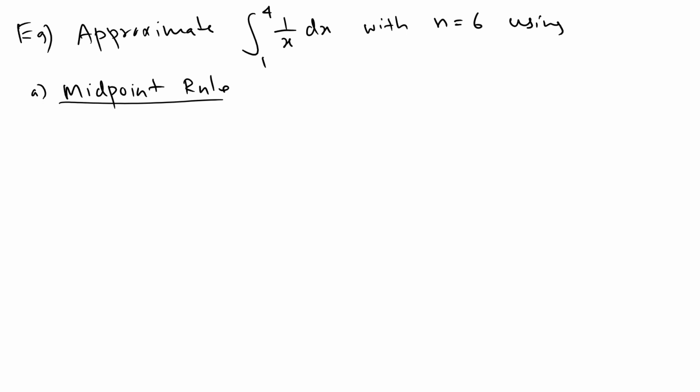To use the midpoint rule, we need to evaluate the node points. We start with 1, the starting value, which is x naught, and the last one is 4, which is x6.